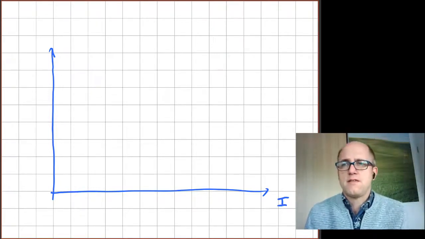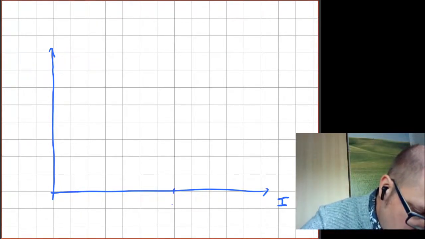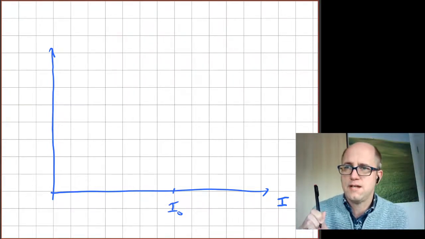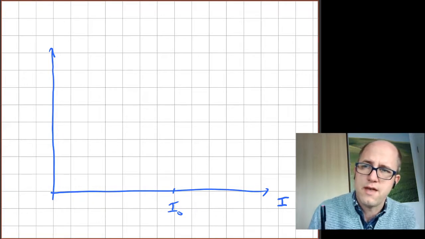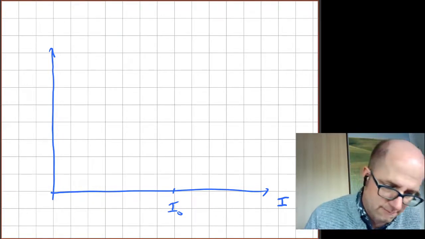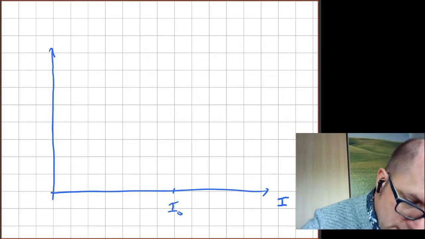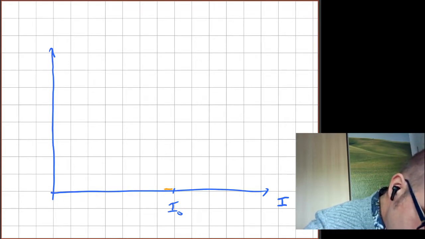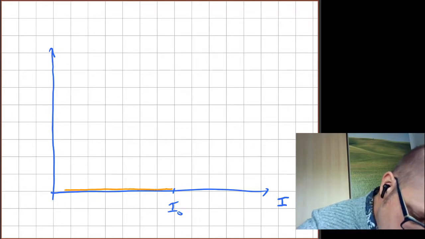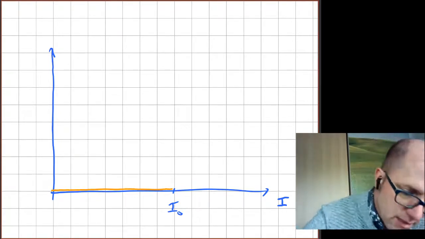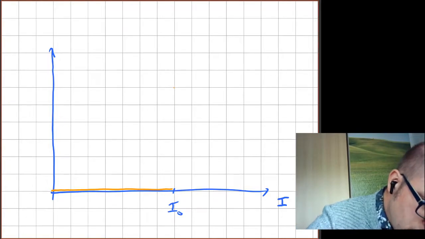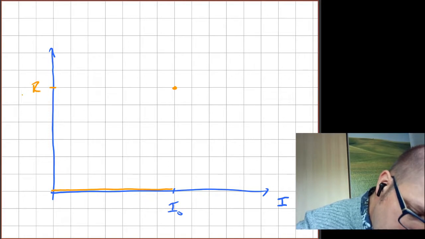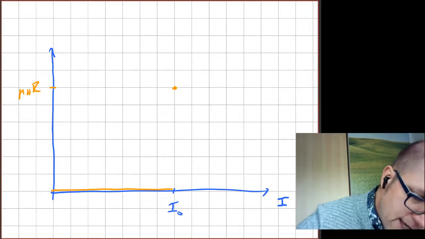And in the old model, there was a critical value of I0. If you invest less than I0, then you get back nothing. If you do invest I0, then you get some return R with probability PH.